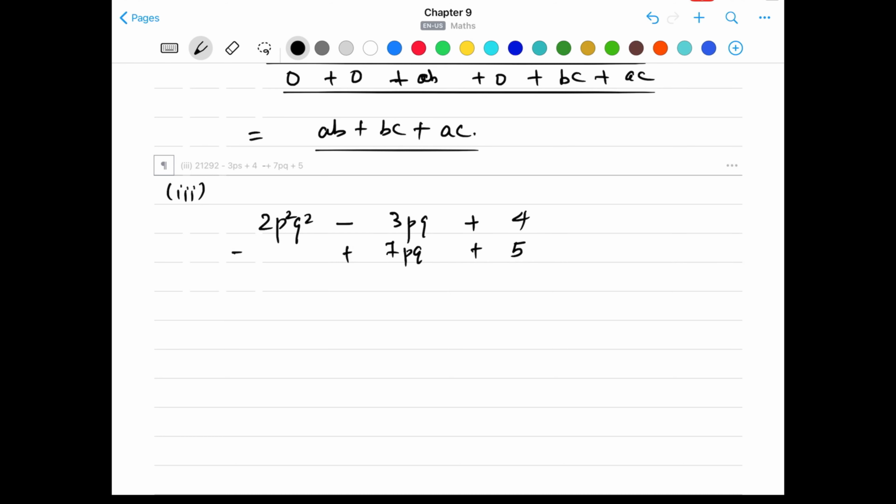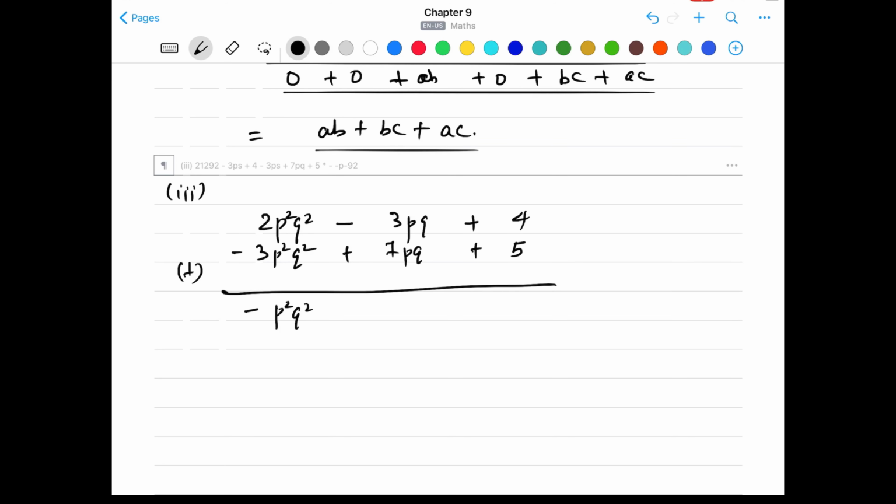So what I have done here is I have written the like terms one below the other. Draw this line. As we are adding these, plus 2p square q square and minus 3p square q square will give us minus p square q square.